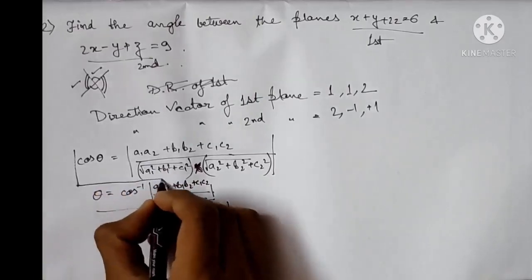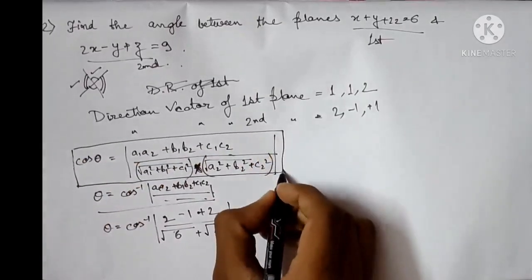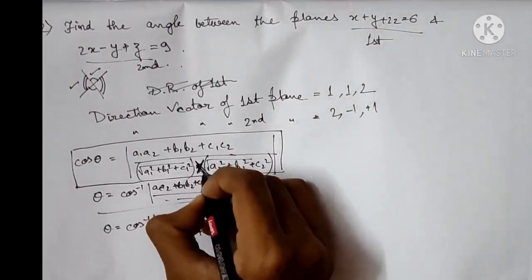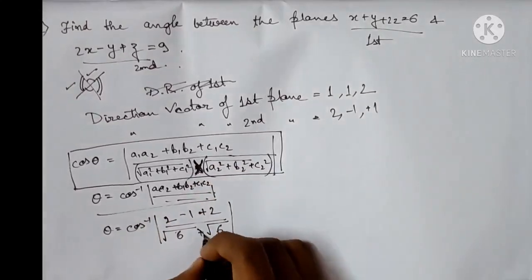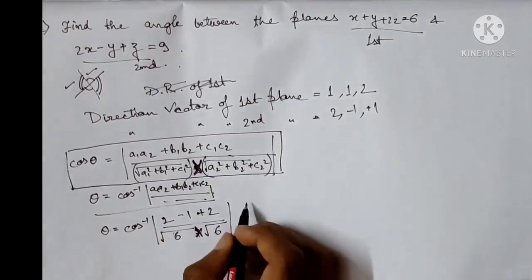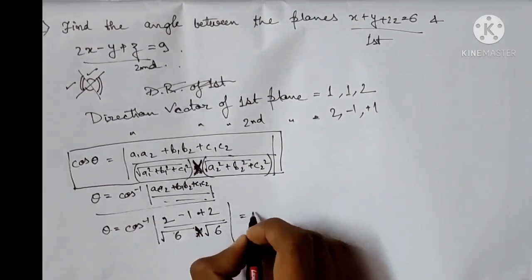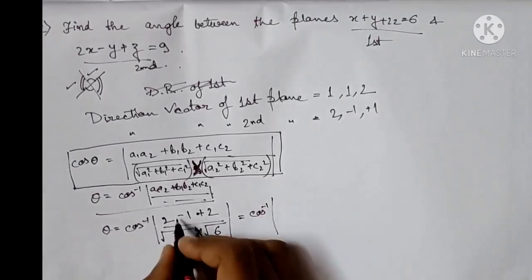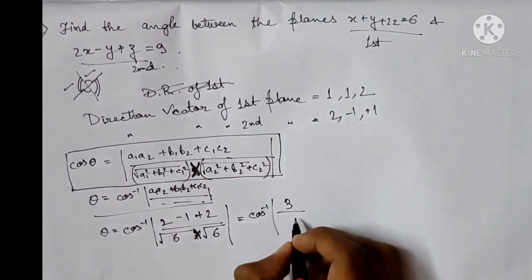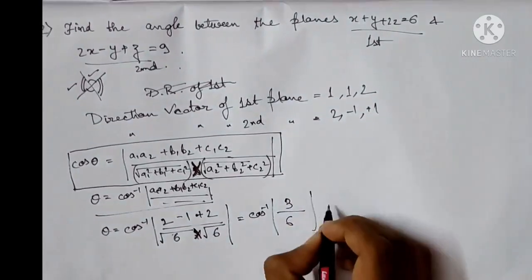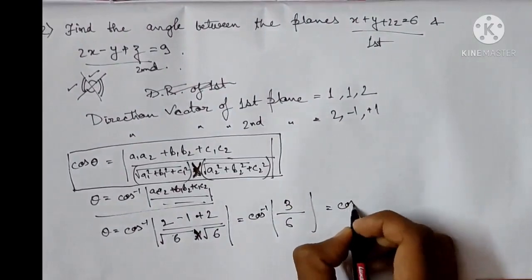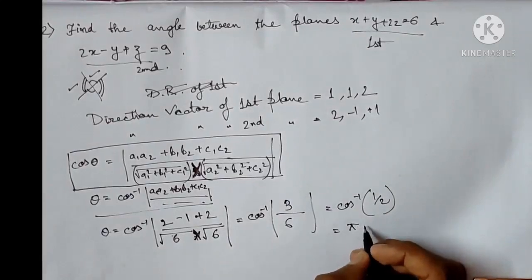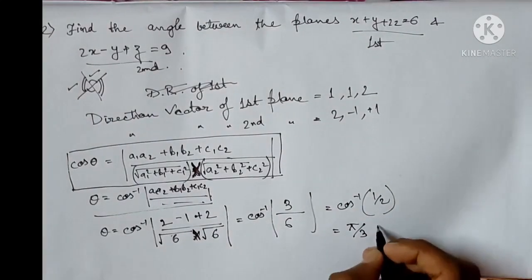You have to write this formula down separately as I have given in the PDF. When you write down the PDF part, write this formula also. So theta is equal to cos inverse of 2 plus 2 minus 1, that is 3, by root 6 into root 6, that is 6, that is cos inverse 1 by 2, that would be pi by 3, yes, 60 degrees.